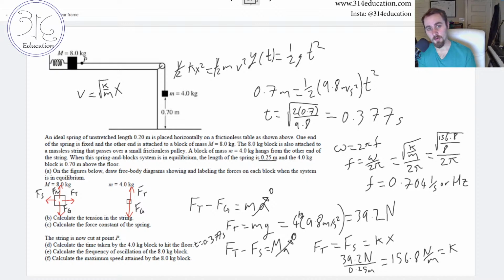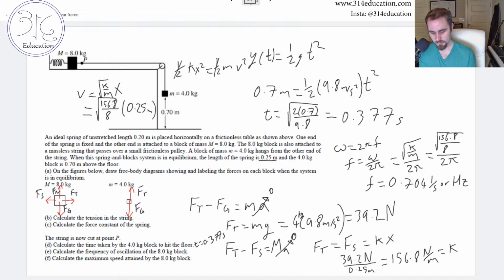This is another way of saying omega times x, or omega times our amplitude, which was that equation we saw before. And in this case, that's then going to be 156.8 divided by 8. And then we're going to multiply this by 0.25 meters.